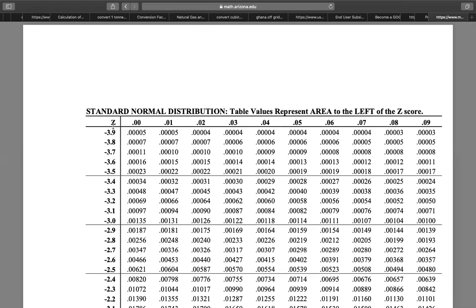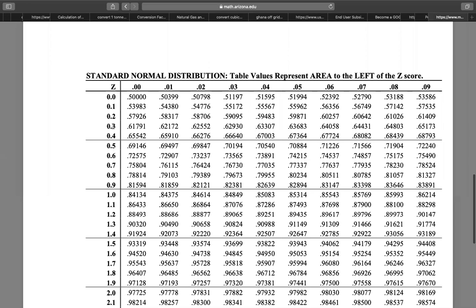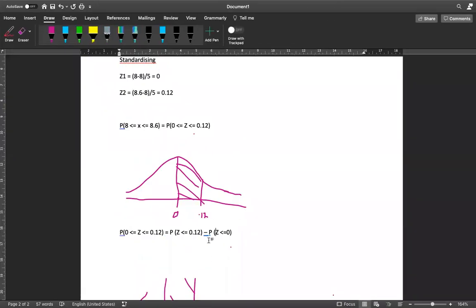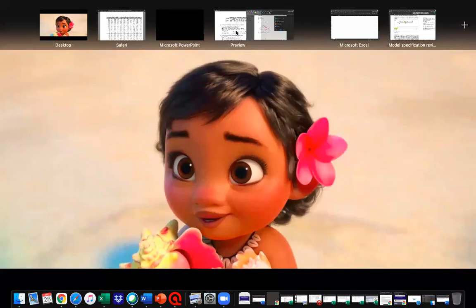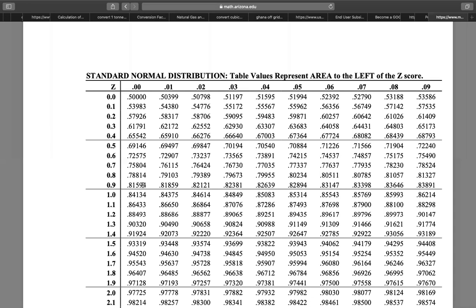These two work together. One table has negative numbers and the other has positive numbers. I am interested in the probability that Z is less than or equal to 0.12. So how do we find that value?